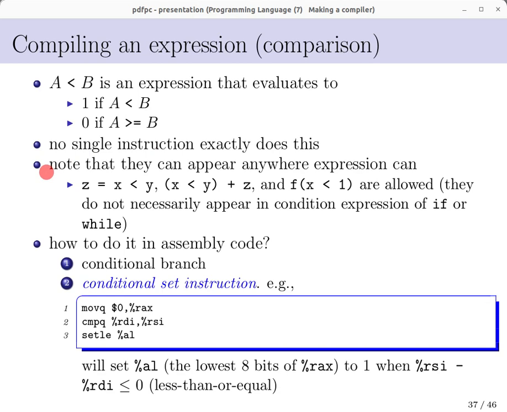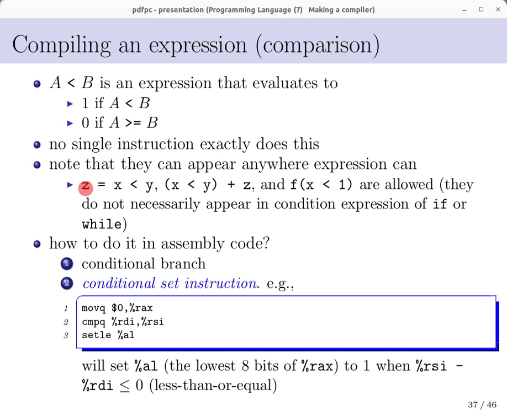And one thing that you have to know is that this is an expression. So this expression can appear anywhere other types of expressions can. So for example, it typically appears in the condition part of the while or if statement. But the point here is that generally speaking, it is not always the case.